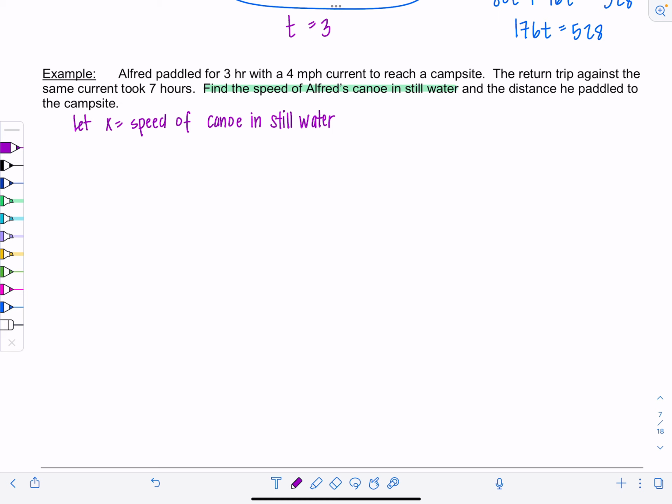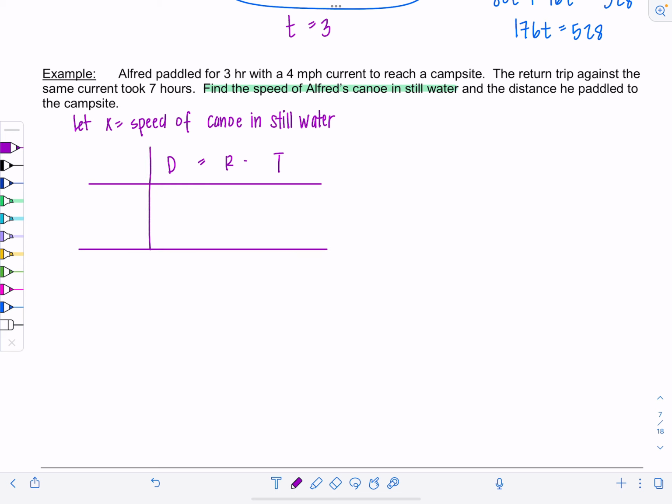And then we need 2 rows again in our table, one for when he's going to the campsite, one when he's coming back from the campsite. So distance equals rate times time. And notice, when he's going to the campsite, the current is going with him.